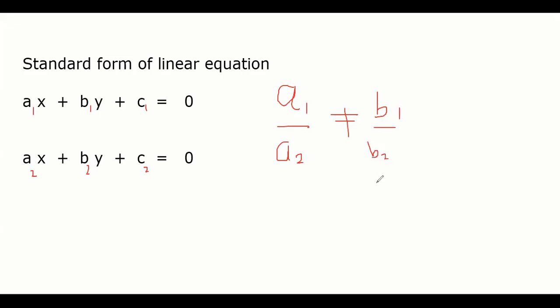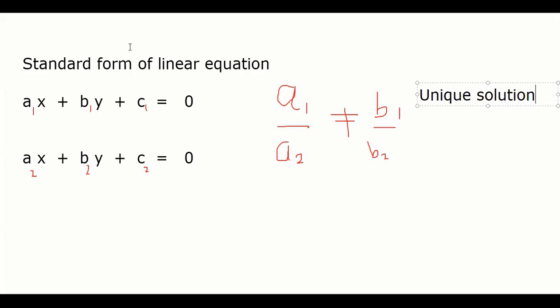If a1 by a2 is not equal to b1 by b2, or you can say the ratio of coefficients of variables is not equal, it is a unique solution. Understood? I'll give an example also.